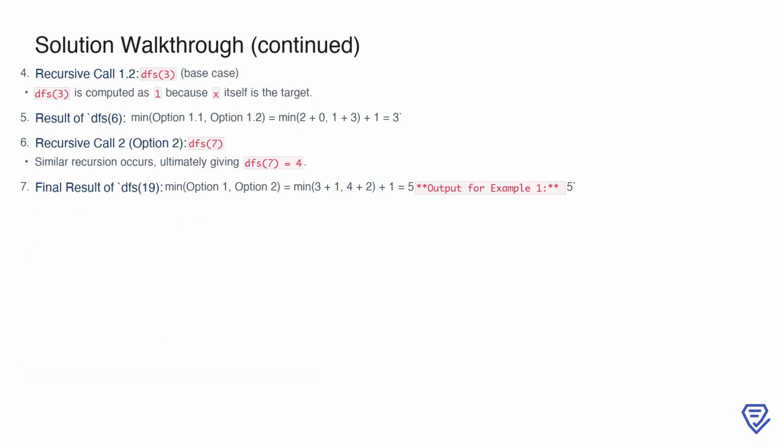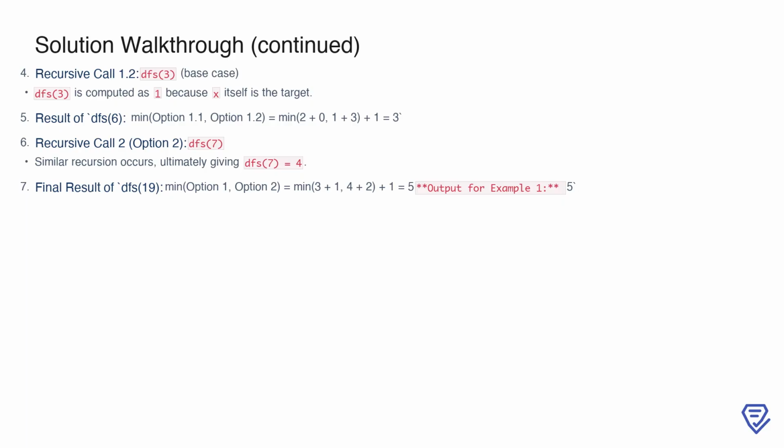For the second suboption of DFS(6), which is DFS(3), we reach a base case. Since the target equals x, the cost of this operation is simply 1. Combining the results, we find the minimum cost for DFS(6) by evaluating min(option 1.1, option 1.2) equals min(2 + 0, 1 + 3) + 1, which results in 3.